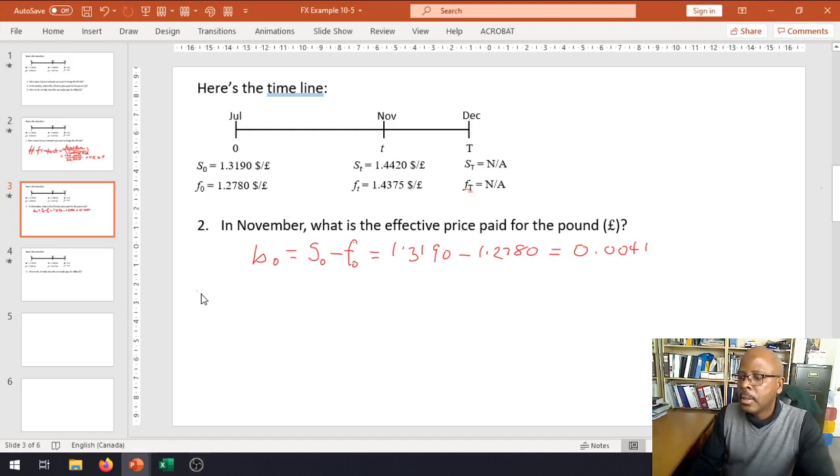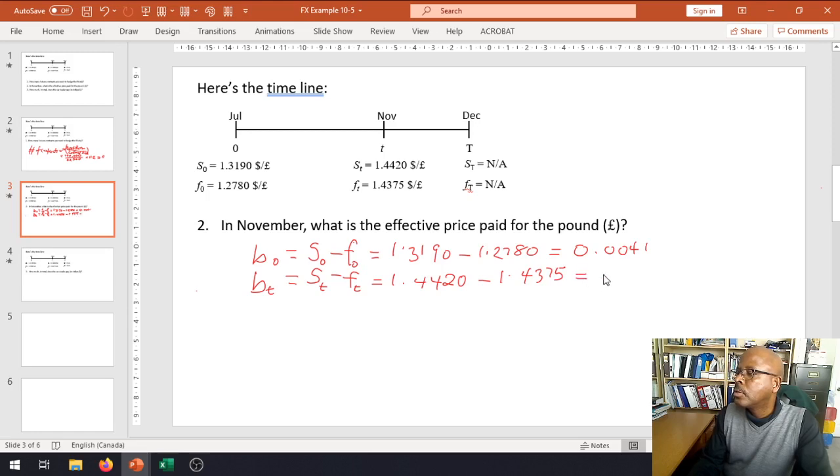And then we can find out what BT is at November. BT is equal to ST minus FT. This is the formula. And that then is equal to 1.4420 minus 1.4375.